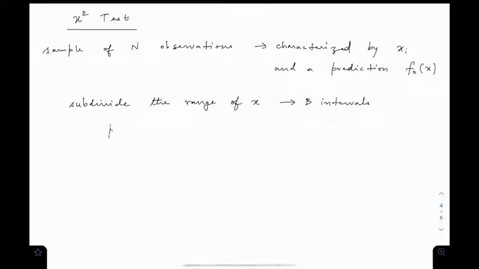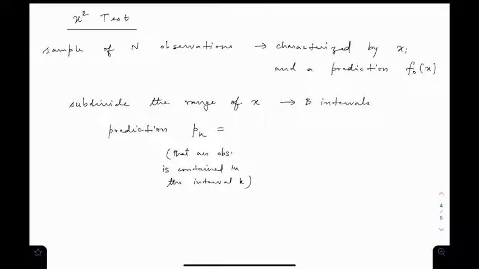So the prediction pk for the probability that an observation is contained in interval k is given like this, and we impose that the sum of all these pk's should be equal to 1. So the integration basically extends over the interval k.